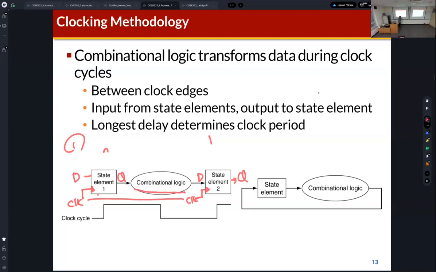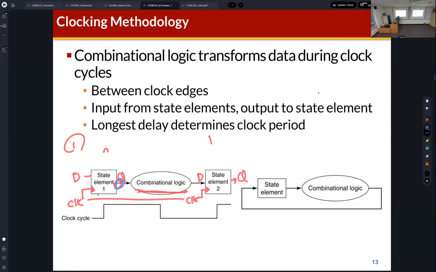So we can build the system like this. Then let's see the behavior of this model. We can find that the input of this combinational logic is the output of the D flip-flop, right?